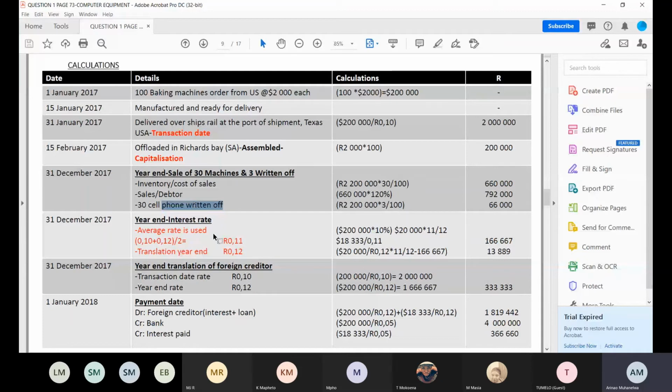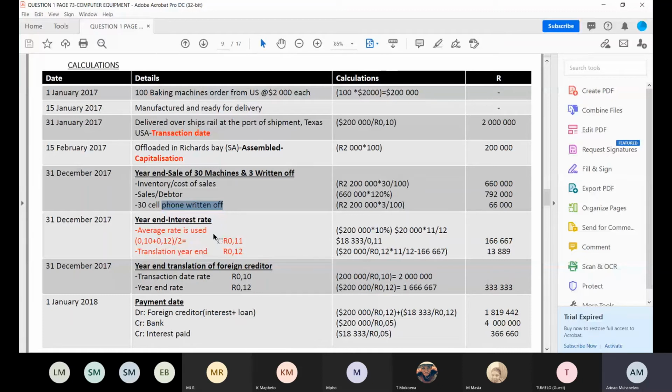This is the first transaction that we're going to process. Debit inventory as we are receiving it, credit foreign creditor or loan. We'll see it when we go to the journals just to confirm that. Then, this is the journal I'm referring to. On the 31st of January 2017, inventory debited, foreign creditor 2 million.